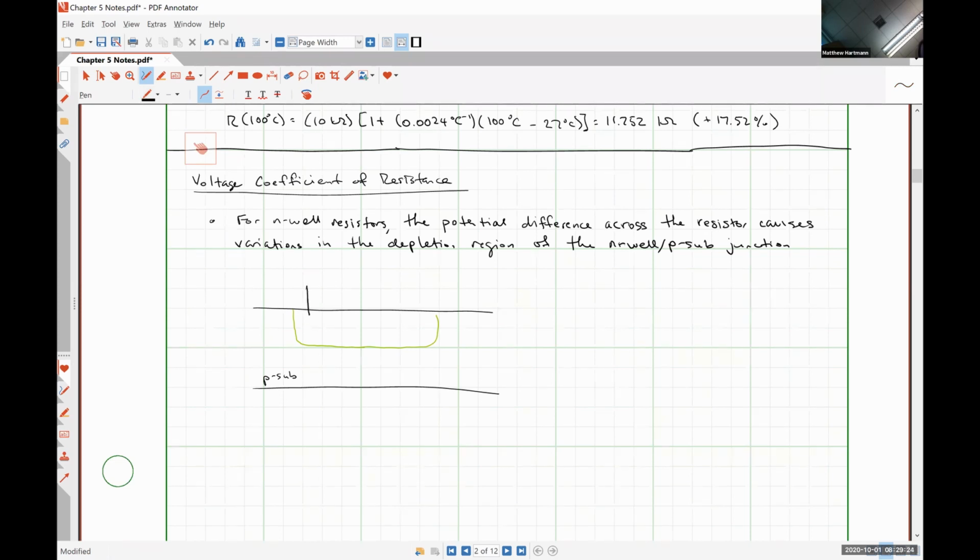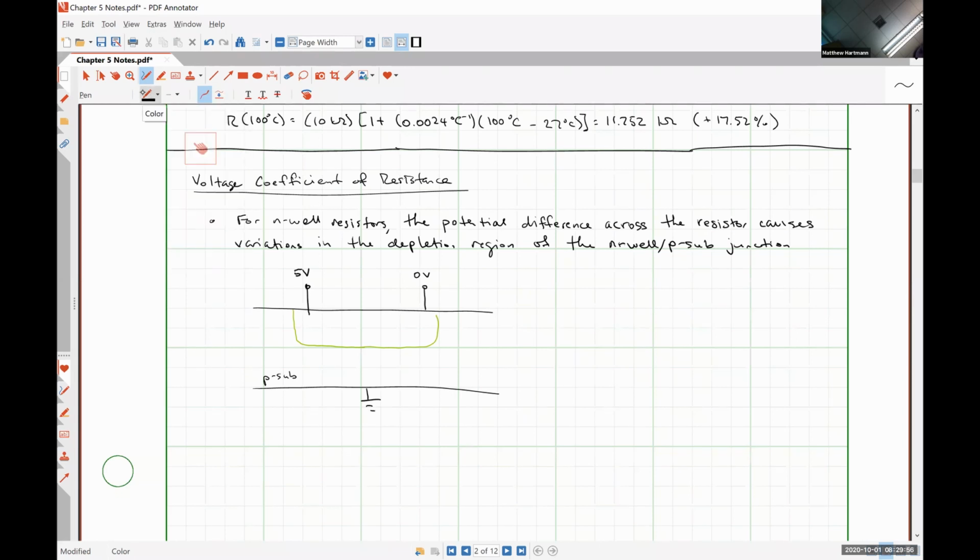So let's say that, and I'm just drawing a simple terminal here, 5 volts on this side of our resistor and 0 volts on this side of our resistor. Well, we'll see that our junction should be significantly, and we're also assuming that our substrate is grounded, so let's start there as well. So we just drop a little ground symbol here.